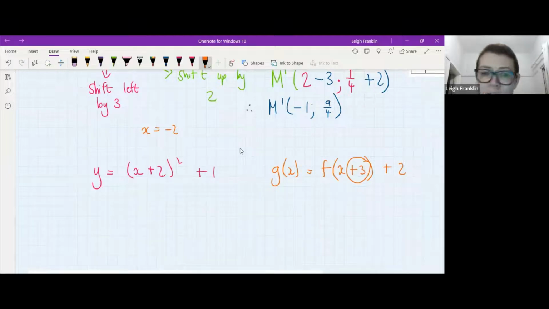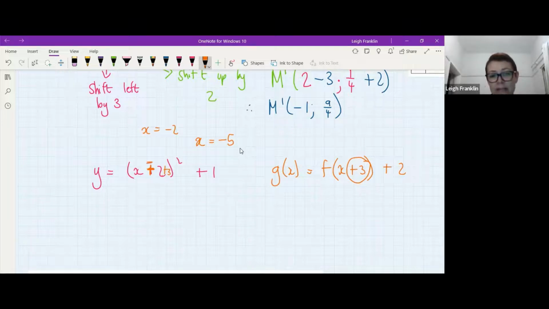So if I add 3 in here, I'm moving it not just 2 places to the left, but a further 3 places in the same direction. So that's why your new axis of symmetry would be the line x equals -5.